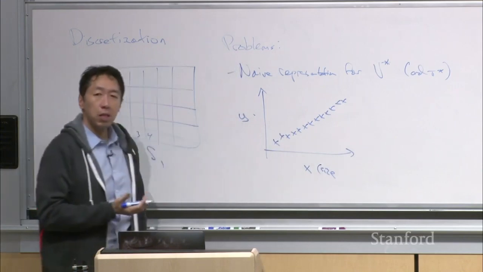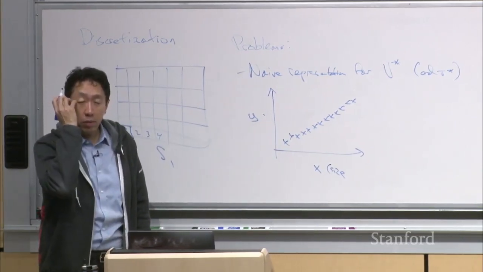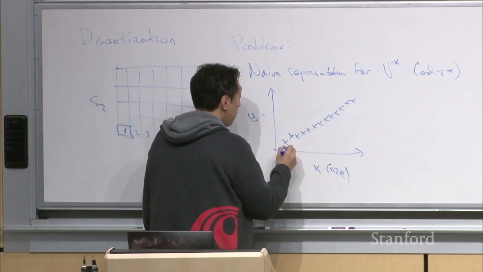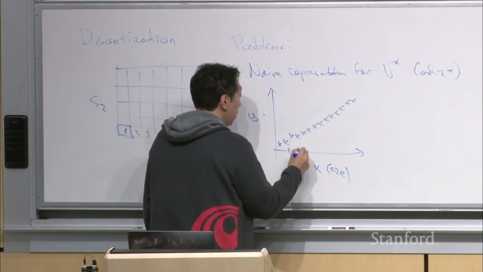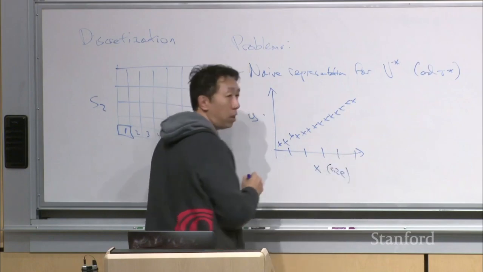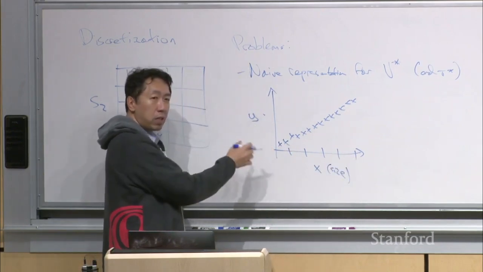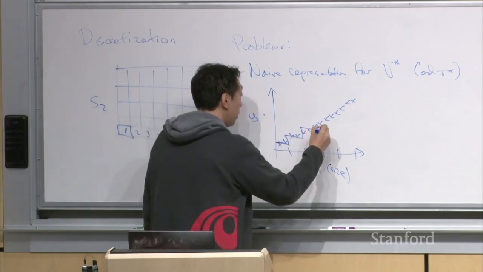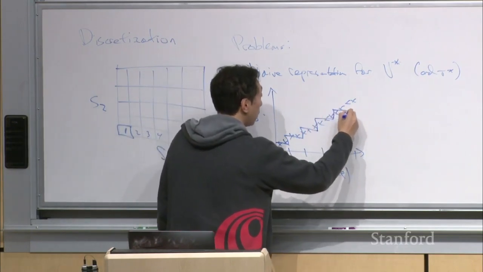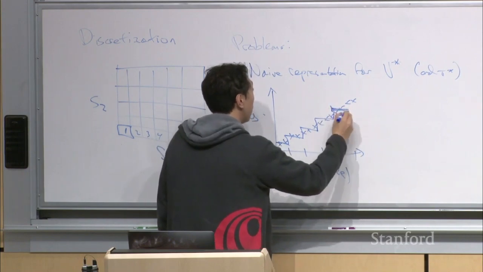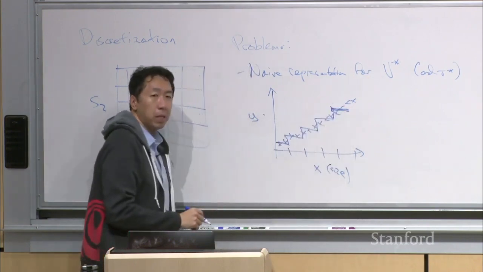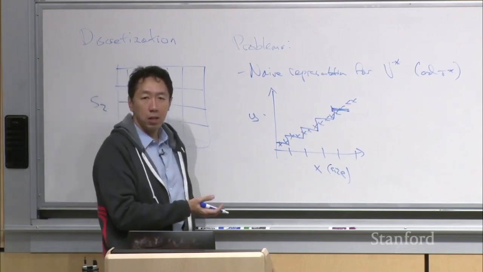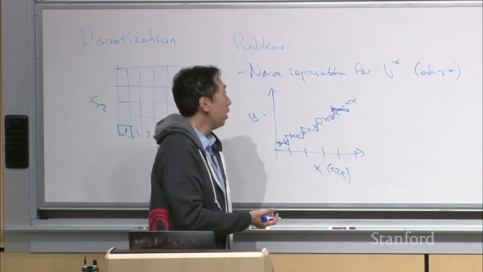The discretization equivalent of trying to fit a function to this data would be to look at the input feature and discretize it into 5 values. And for each of these 5 intervals, let's fit a constant function, right? So this staircase would be how discretization would represent the price of a house as a function of the size.